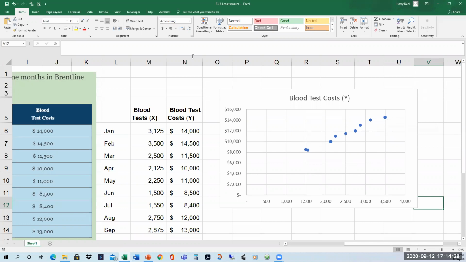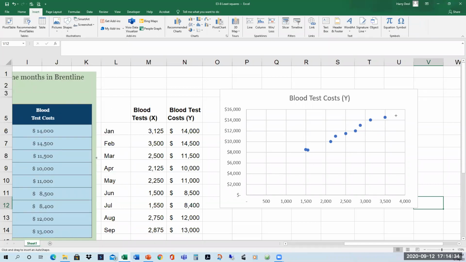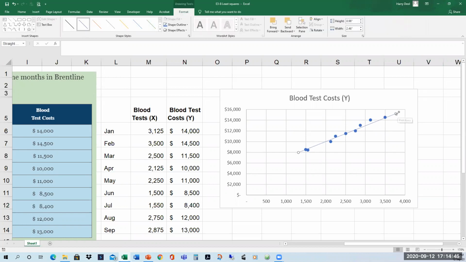So if we do that, then what we can try to do is try to pass through a line that best fits the data, right? And so I'm trying here to pass this line through the outermost and the lowest.